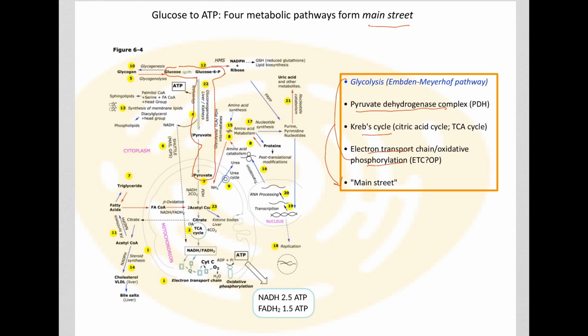Why? Because this is one of the most important metabolic pathways in the cell, because glucose is being used as a fuel to generate energy, ATP. Energy generation, as we mentioned many times in previous videos, is very important for cells in our body. It is the most important metabolic pathway that happens in our cells.